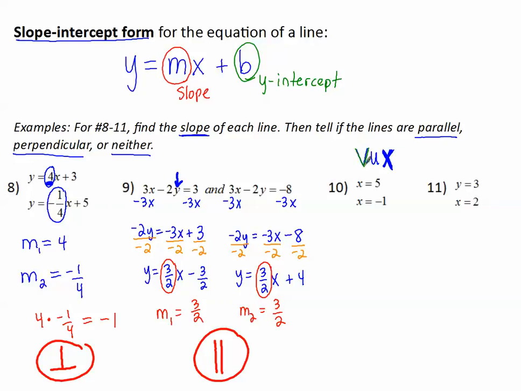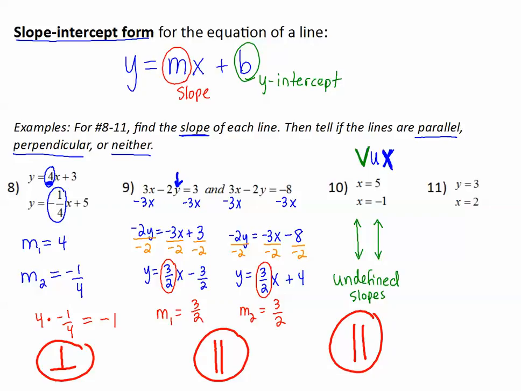The V means vertical. So these are two lines that are vertical, both straight up and down. I don't have to do any work for these. I know that they are undefined slopes, and therefore the lines must be parallel because they're going in the same direction, up and down, parallel lines.